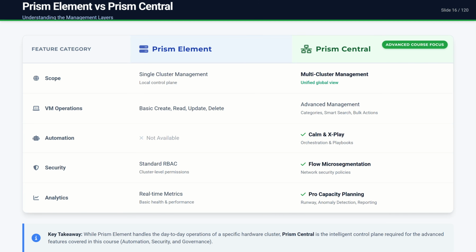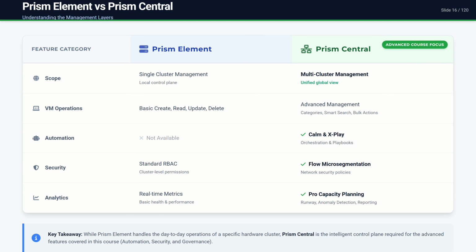So here is where the difference becomes dramatic: automation. In Prism Element, not available. You simply don't have automation capabilities. But in Prism Central, you get Calm and Xplay, orchestration and playbooks, infrastructure as code, and event-driven automation. This alone justifies Prism Central for many organizations.